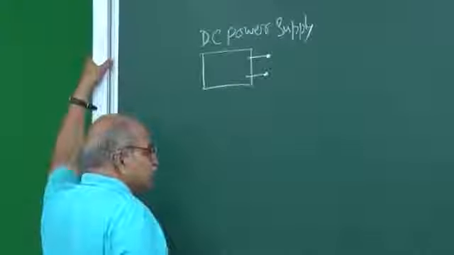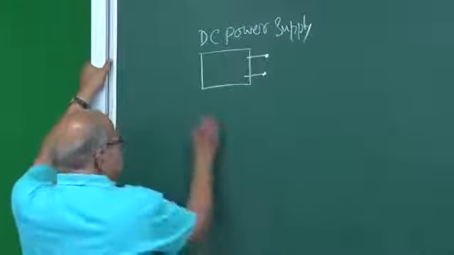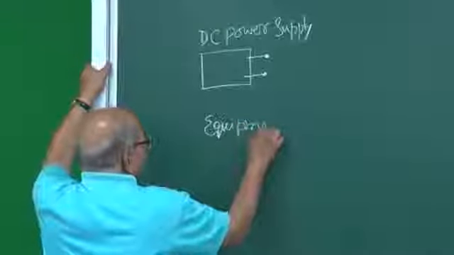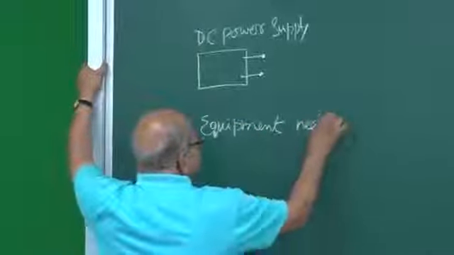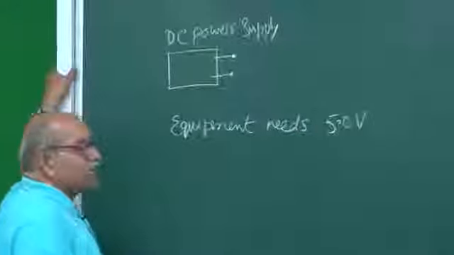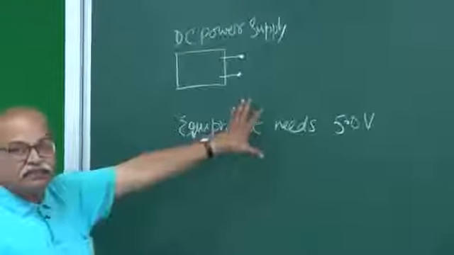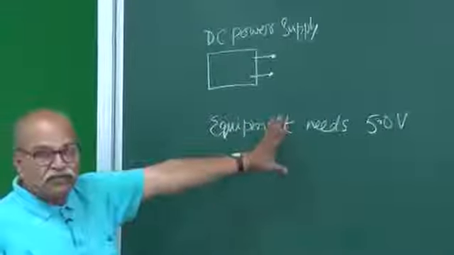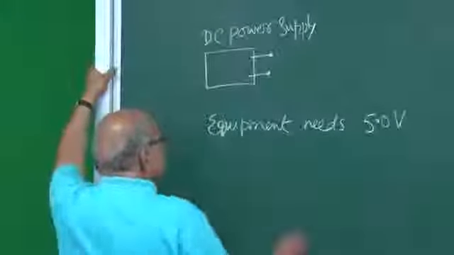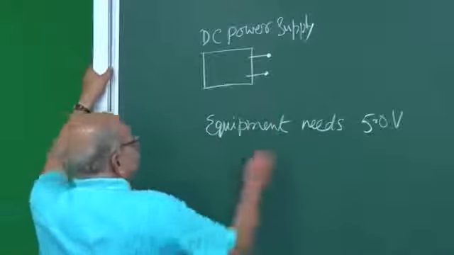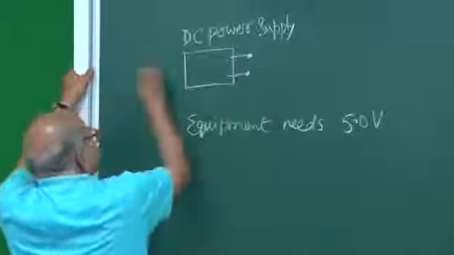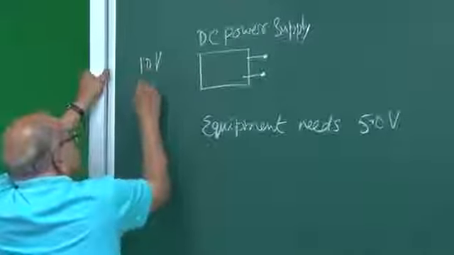Suppose I have some equipment which needs 5.0 volt, not less, not more. What I can do, I can create a circuit. I can take this power supply here, and suppose this is a 10 volt power supply.